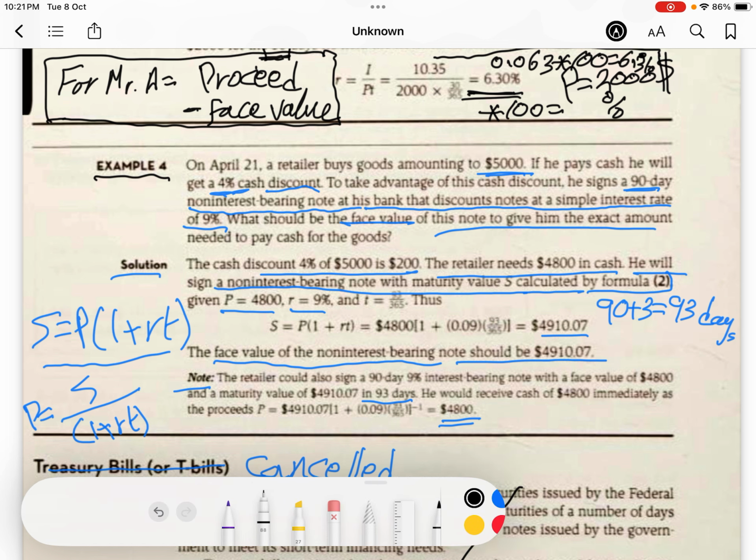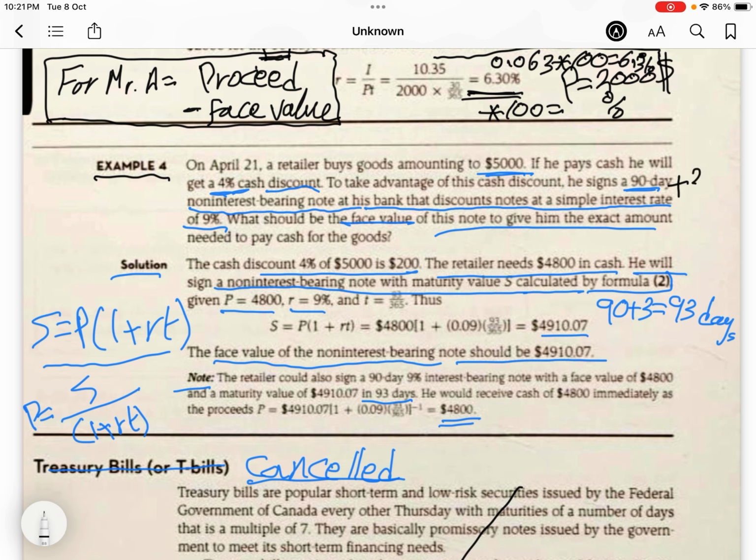Given B equal 4,800, R equal 9%, T equal 93. We must add the 3 days, which is Canadian. Thus, S equal 4,910.07. The face value of the non-interest bearing note should be this number.